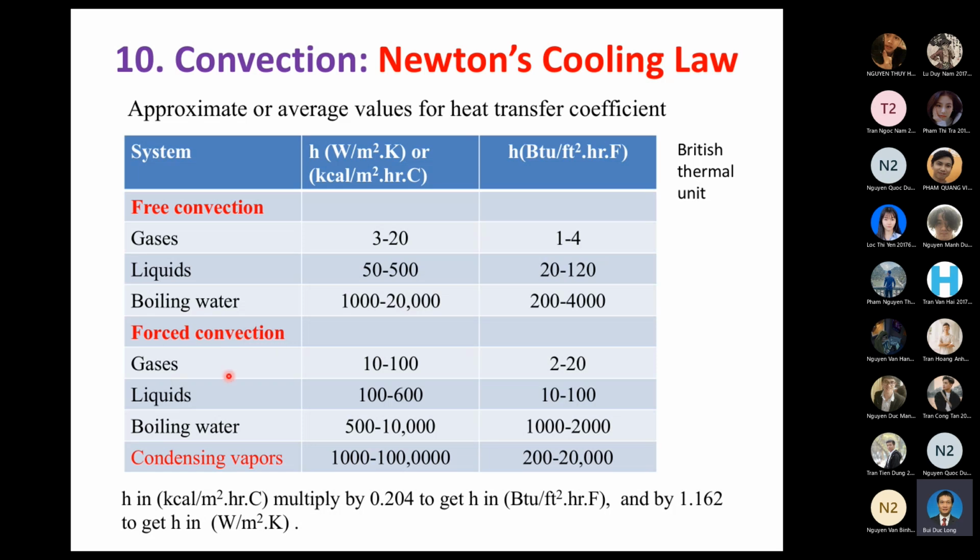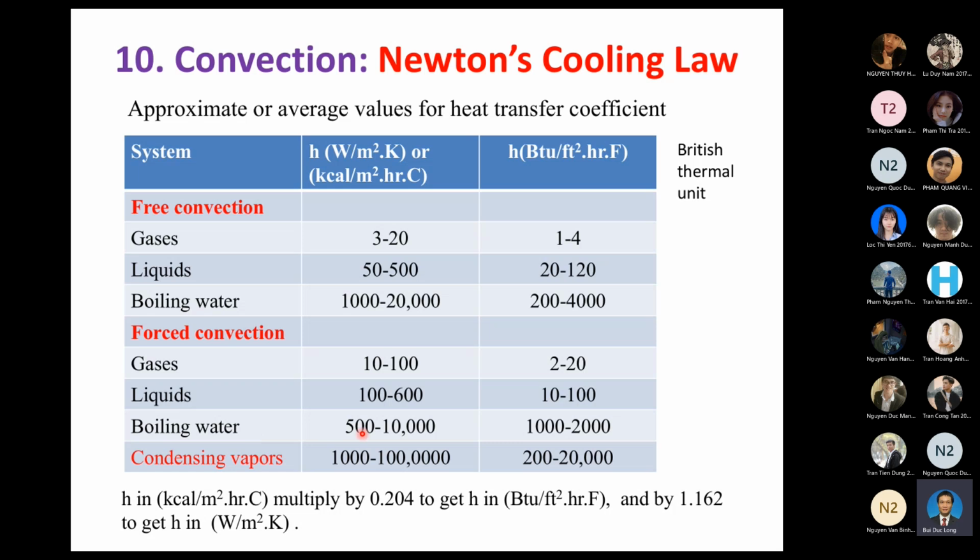For gas it can be 10 to 100. So you can see that for forced convection H will be higher. And liquid can be 100 to 600. For boiling water, even the same matter but in different conditions, the H will be different.